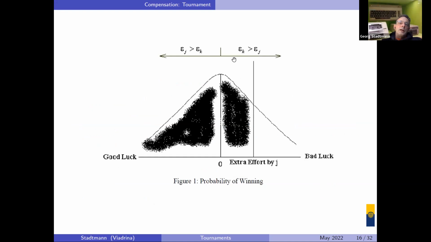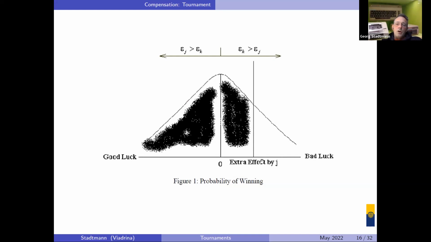When you look into the paper of Maloney 2003, you find this figure, the probability of winning. I also like this figure a lot because it demonstrates more or less what's going on. So let's first define what is displayed on the two axes.